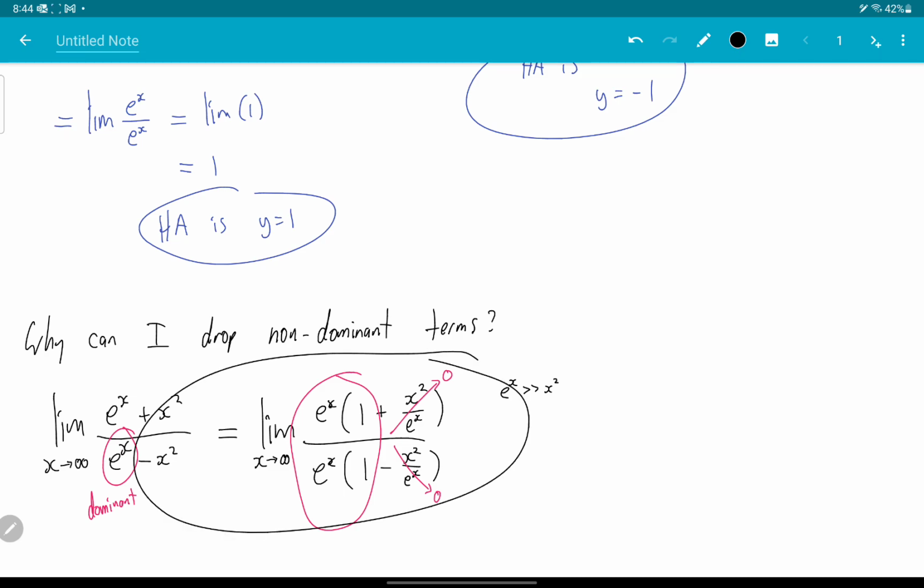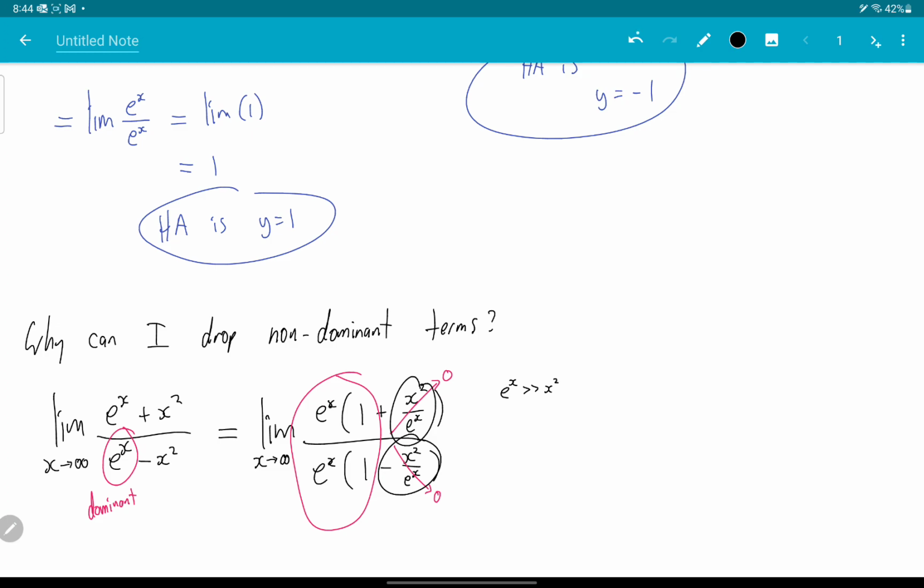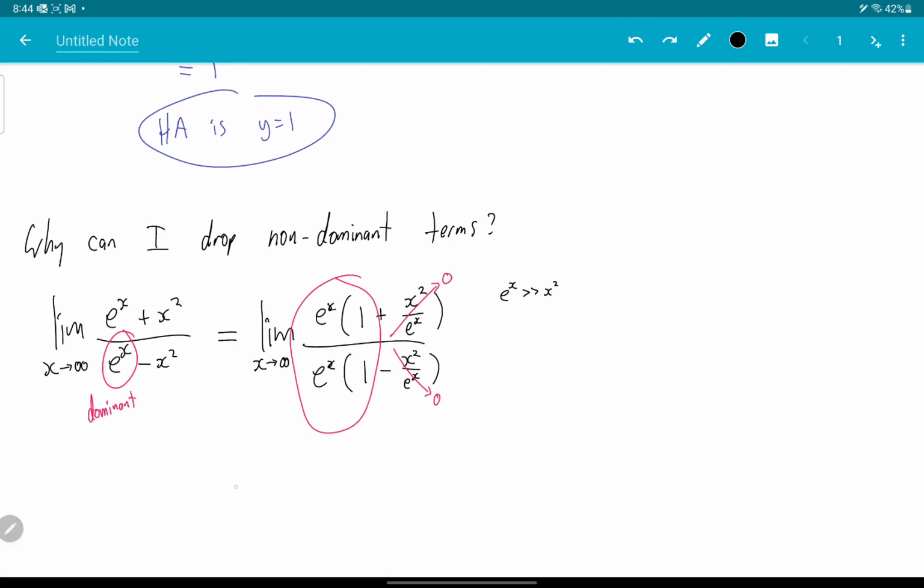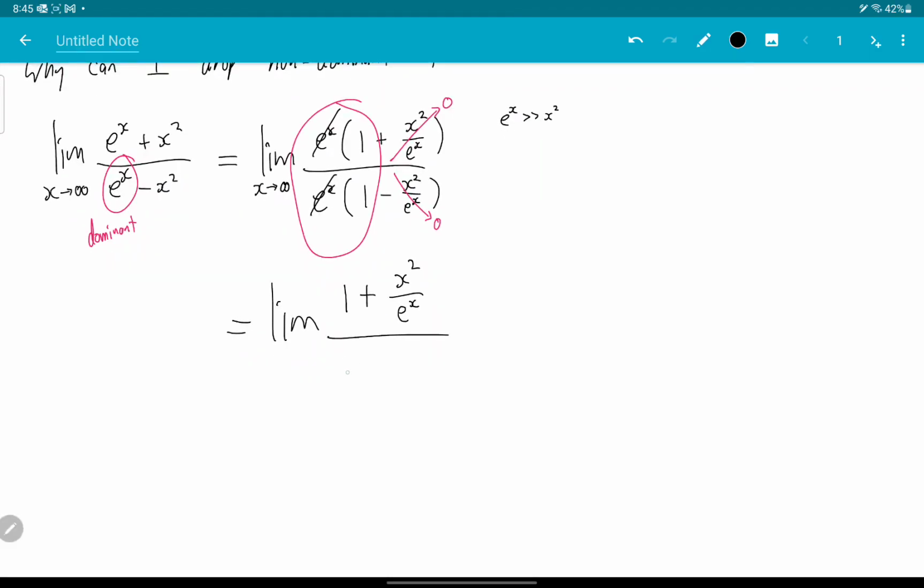Okay, this is a bit more systematic. I'm arguing that these fractions are going to 0. Maybe I could do a step where I first cancel the e to the x's to make this super precise.